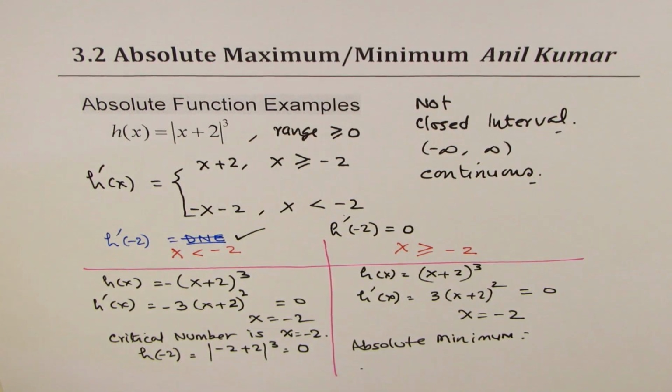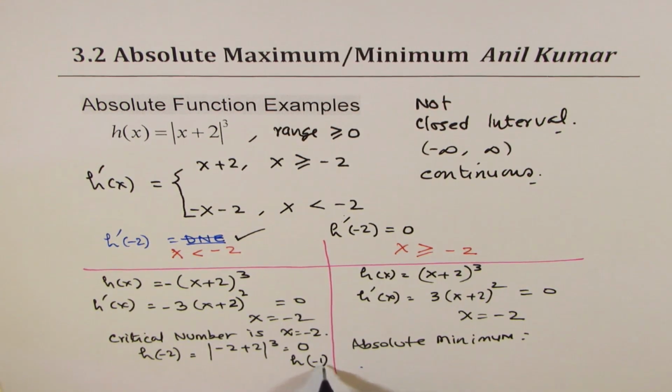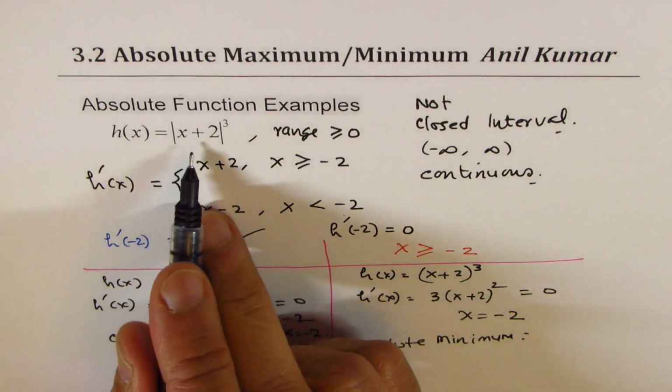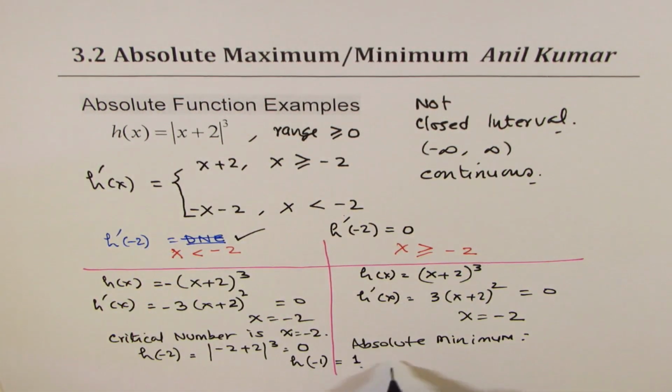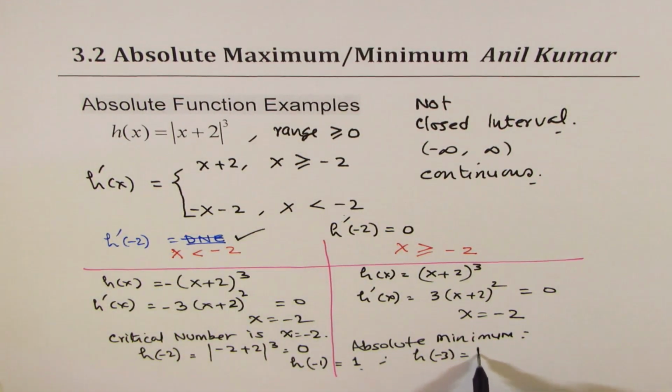So what we do here is we check the value of the function in nearby areas. That is, we are talking about minus 2, so you can check the value at minus 1. At minus 1, the value will be minus 1 plus 2 cube, which is 1. And at a value on the left side, which is minus 3, at minus 3 also the value is 1.